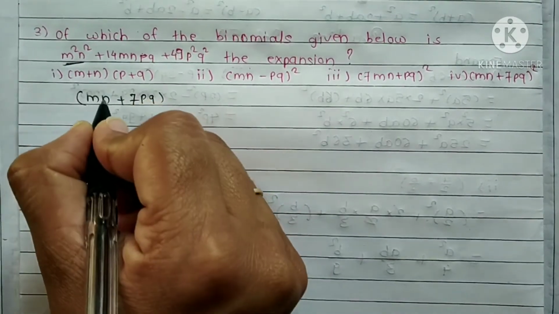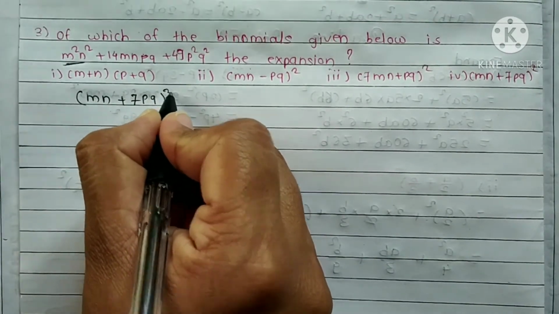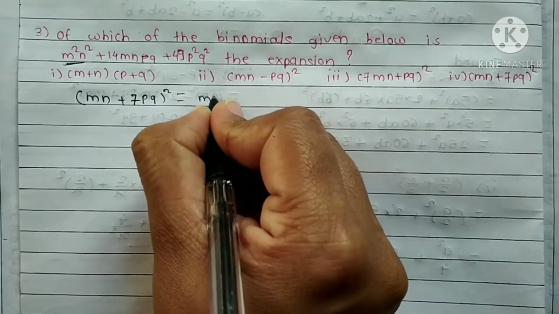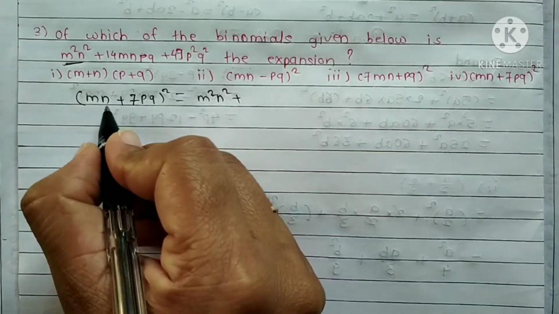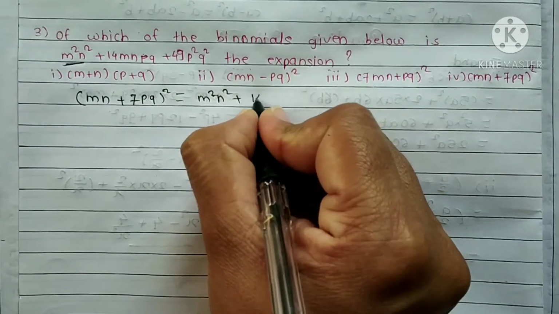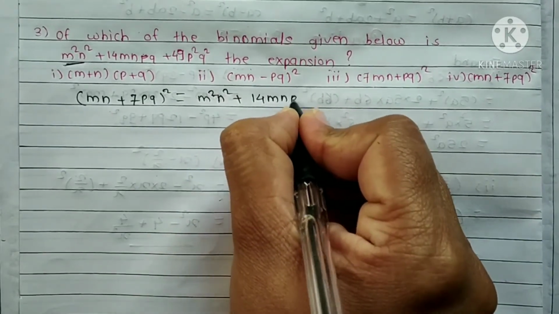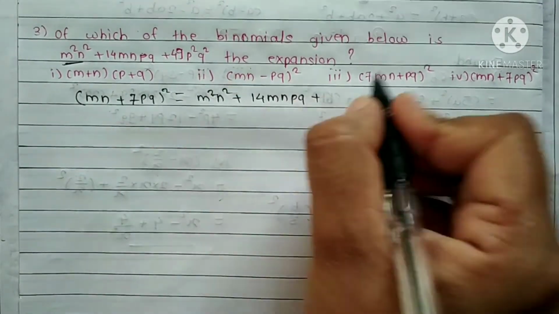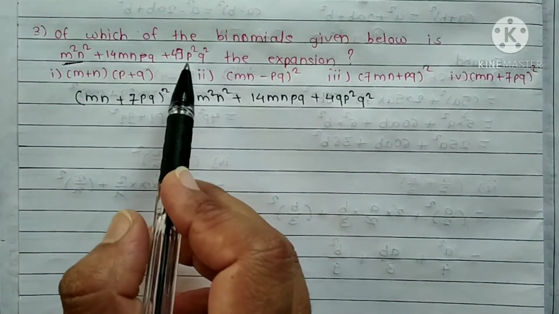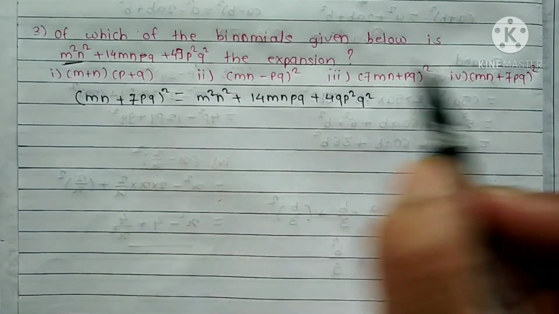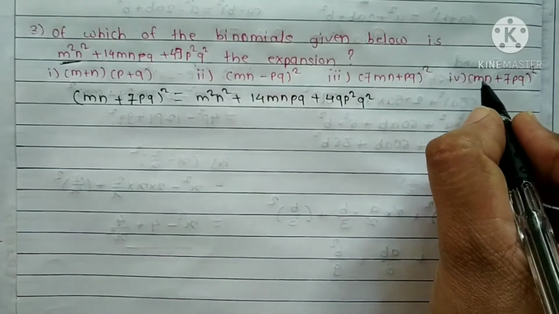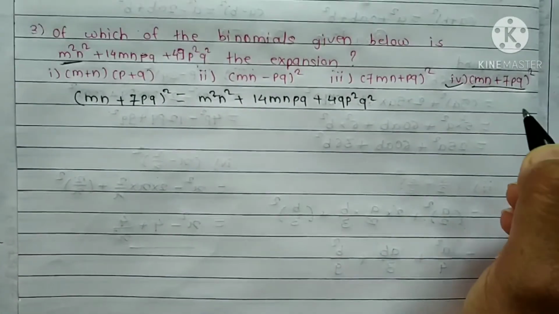Now (mn plus 7pq) whole square is what? (mn) square, that is m square n square, plus 2 into first term into second term, that is 2 sevens are 14 and mn into pq, plus the square of the second term, that is 7 square is 49 p square q square. Therefore the answer is mn plus 7pq, option number 4.